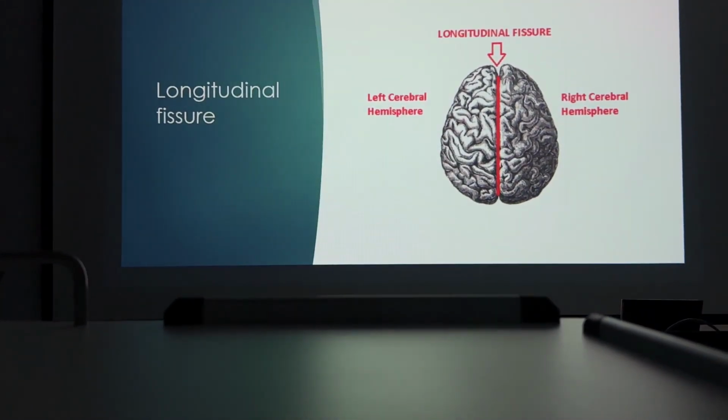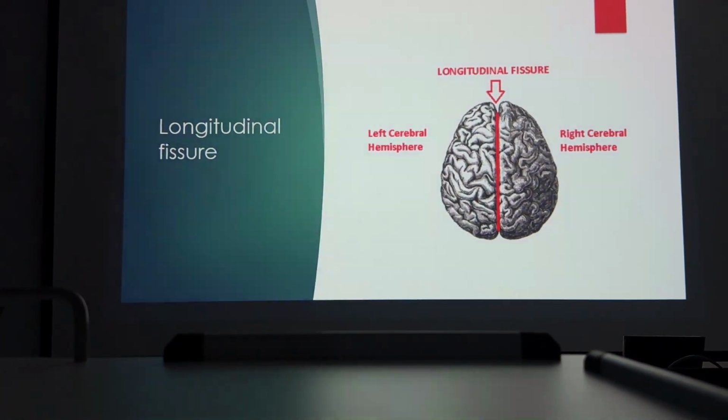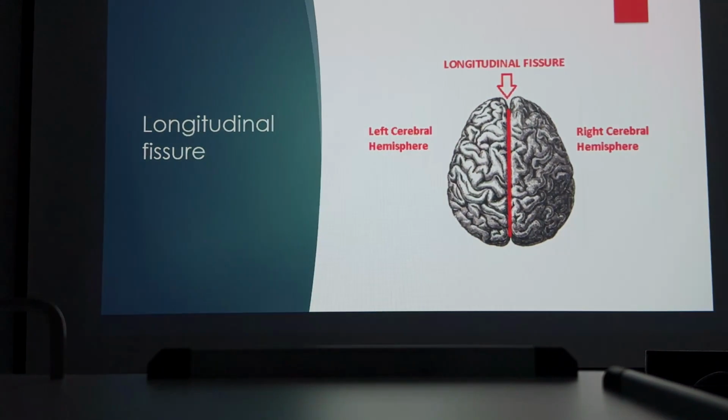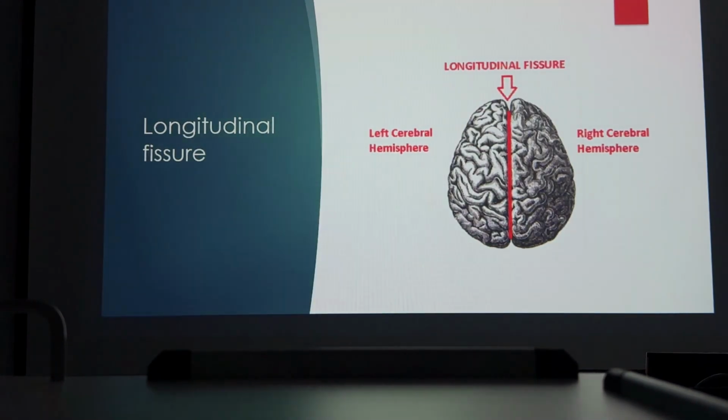Now we'll start with the major and important sulci. The first one is the median longitudinal fissure. Why do we call it a fissure? Because it extends deeply from the cerebral cortex down in the brain.